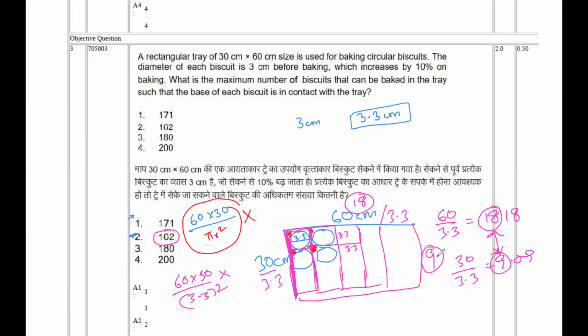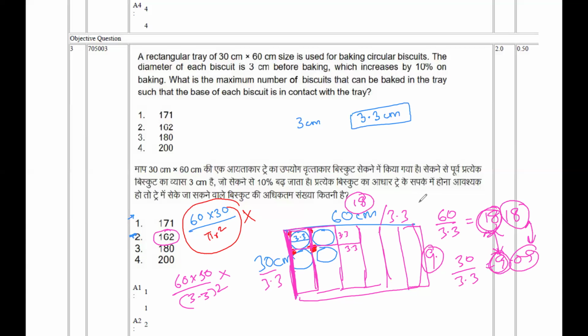But this is a calculated one which I'm getting. I'm sorry, 18 and 9. I'm getting a mathematically correct one. With thinking power alone, you could have ended up with 18 or 19.